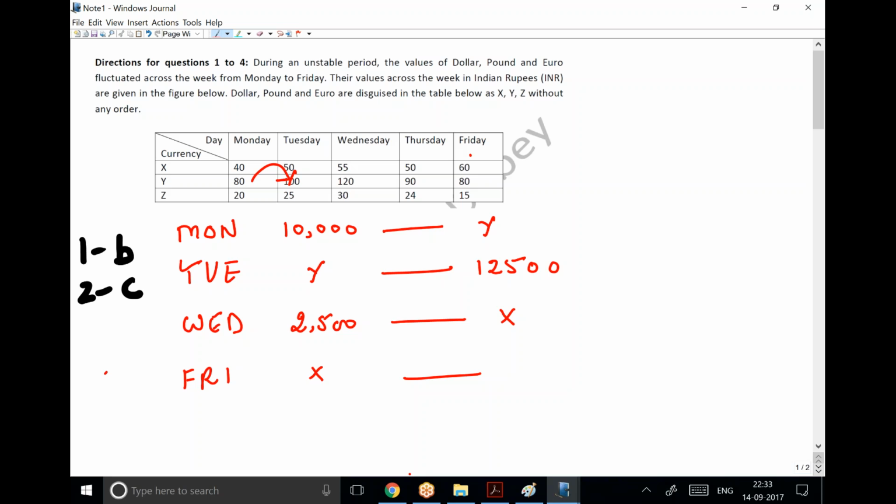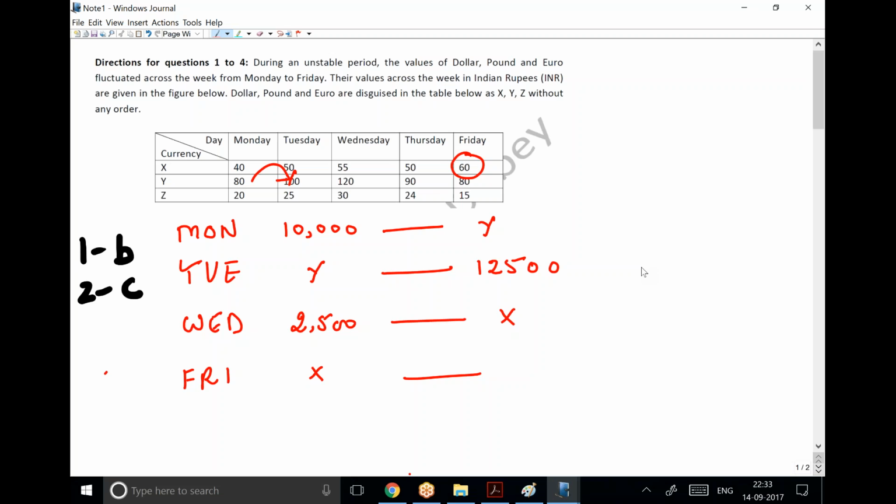Now they are taking it out on Friday. So what's the increase? A 1 by 11 increase is there, or I can say a 9.09% increase will come.